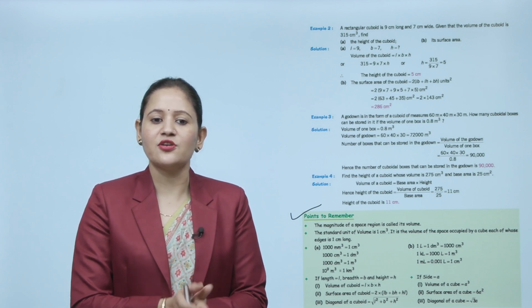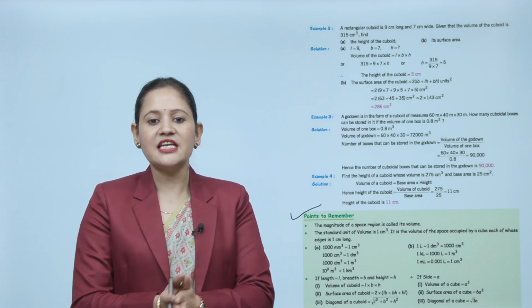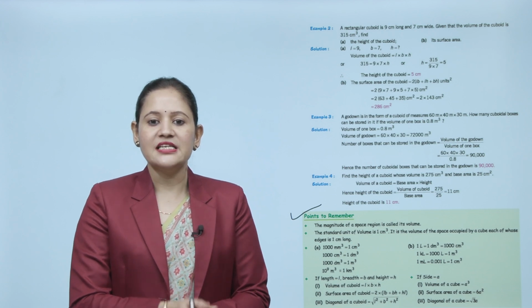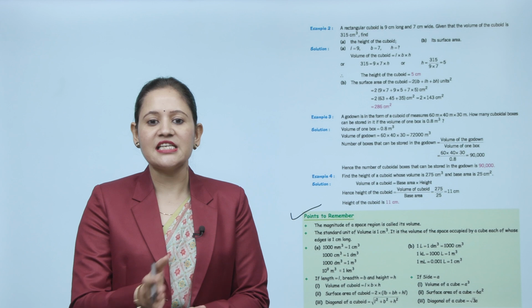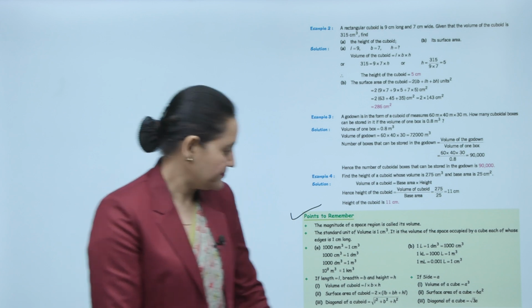Diagonal of cuboid is root of L square plus B square plus H square. If side is A, then volume of cube is A cube. Surface area of cube is 6A square and diagonal of cube is root 3 A.